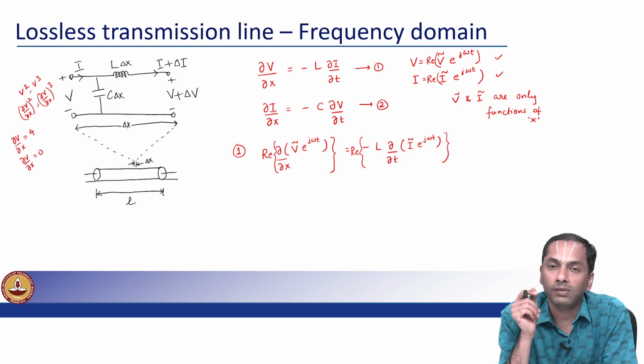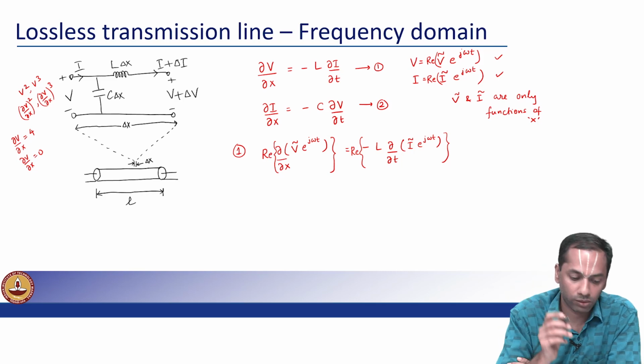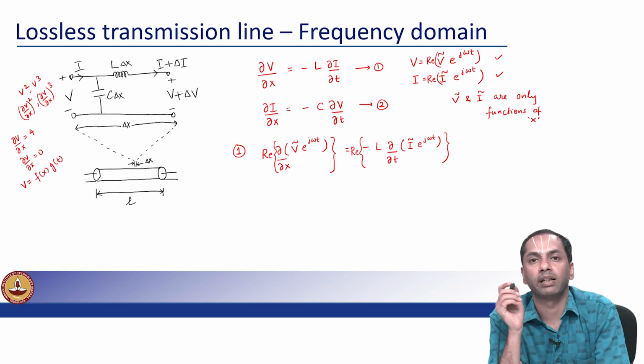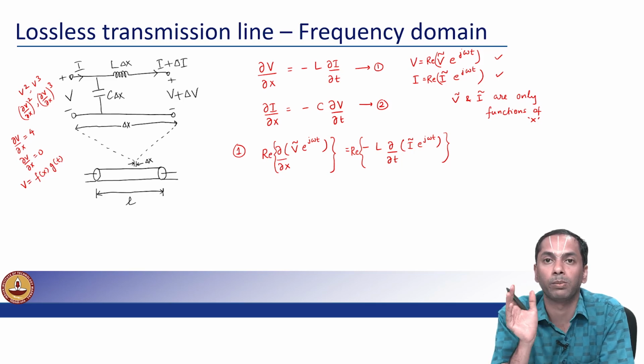So when linearity and homogeneity are satisfied, then I can say that the solution to V can be written as some function of x and some function of time. I can actually separate the independent variables x and t into independent functions.